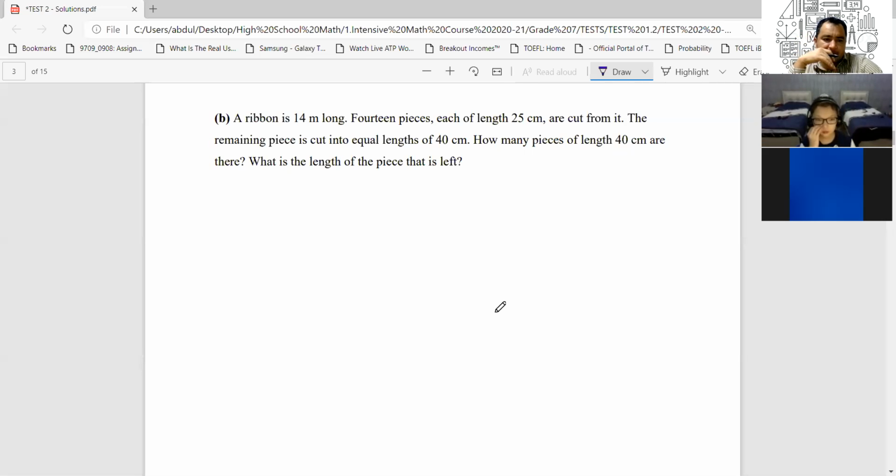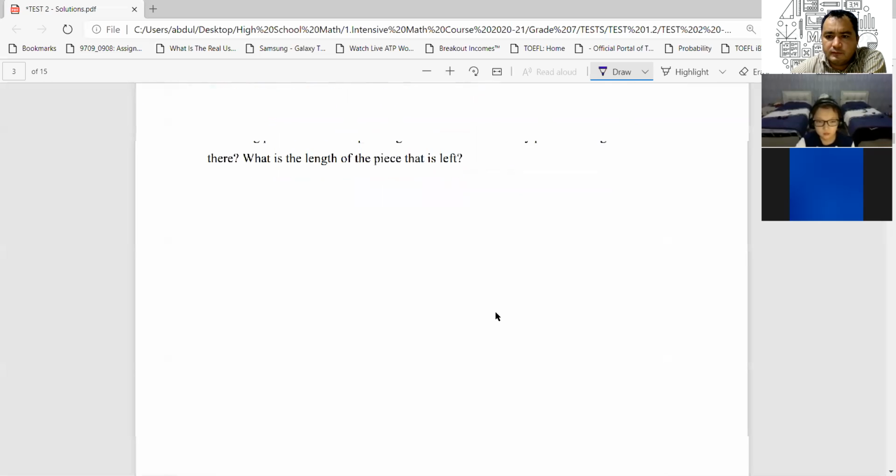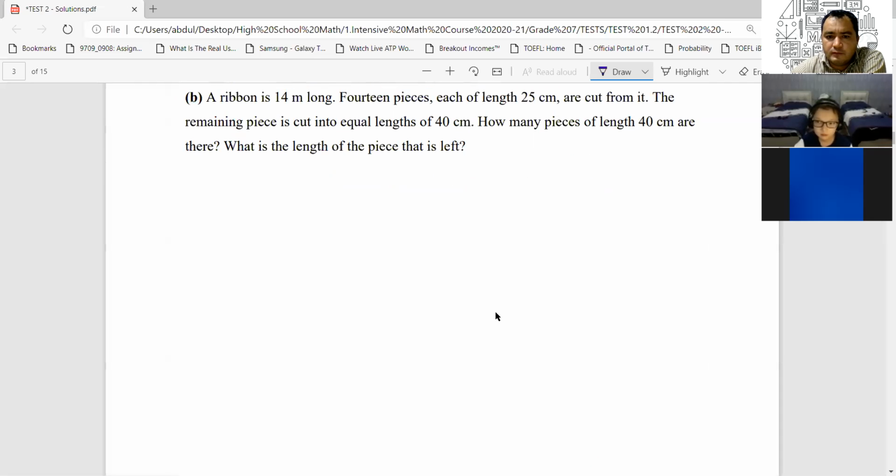We need to multiply 25 by 14. But first, Adilhan, we need to convert this meter to centimeters, right?